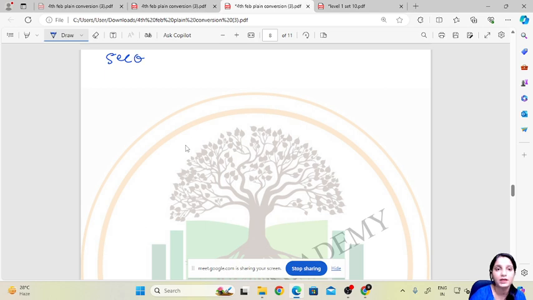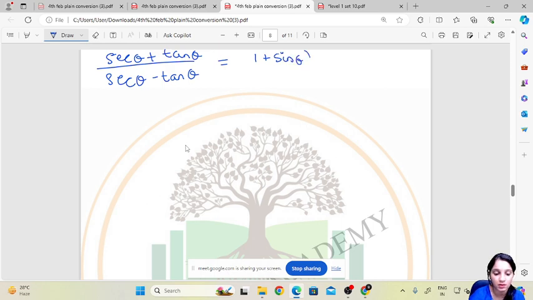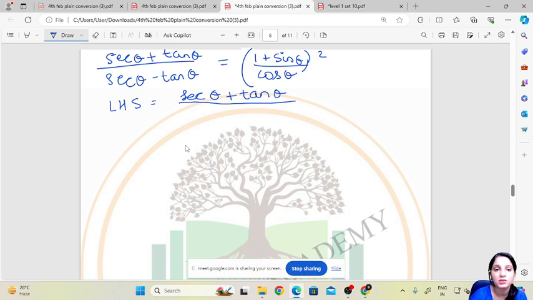Sec theta plus tan theta upon sec theta minus tan theta equal to 1 plus sin theta the whole square upon cos theta. Okay. Take LHS equal to sec theta plus tan theta upon sec theta minus tan theta.